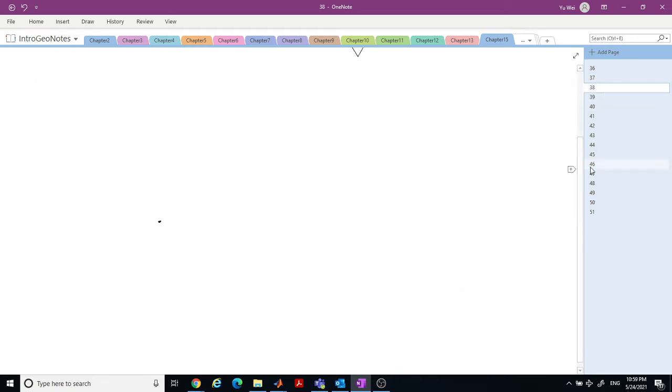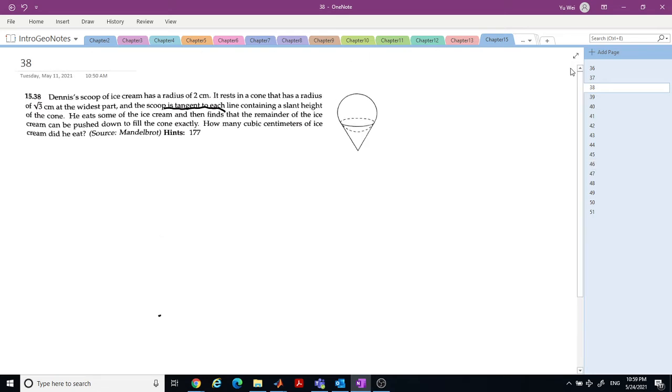So next, we have a scoop of ice cream, and the scoop is tangent to each line, right? So now let's cut it through the center.